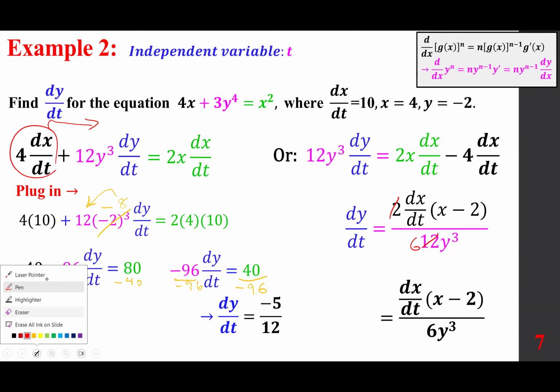And we have dy/dt is dx/dt times x minus 2 over 6y cubed. That's what we get. Now, at this point, everybody, if you just plug in the values, you get exactly the same thing as we did here. You don't have to do both ways, obviously.